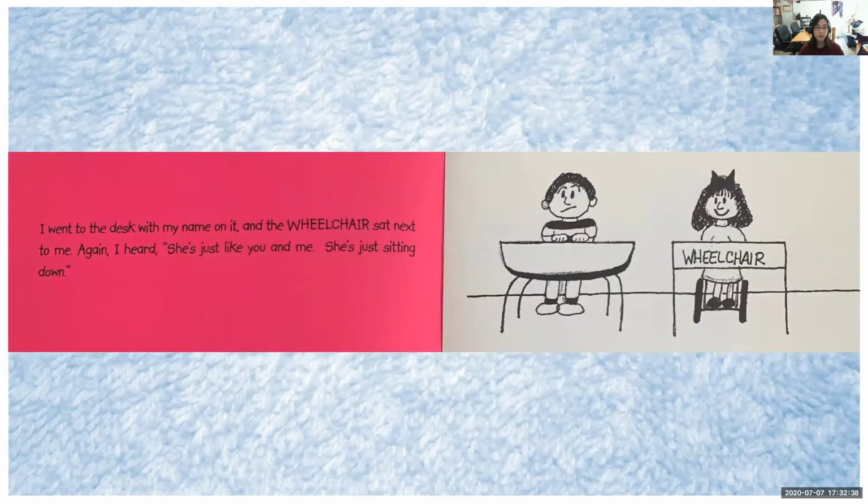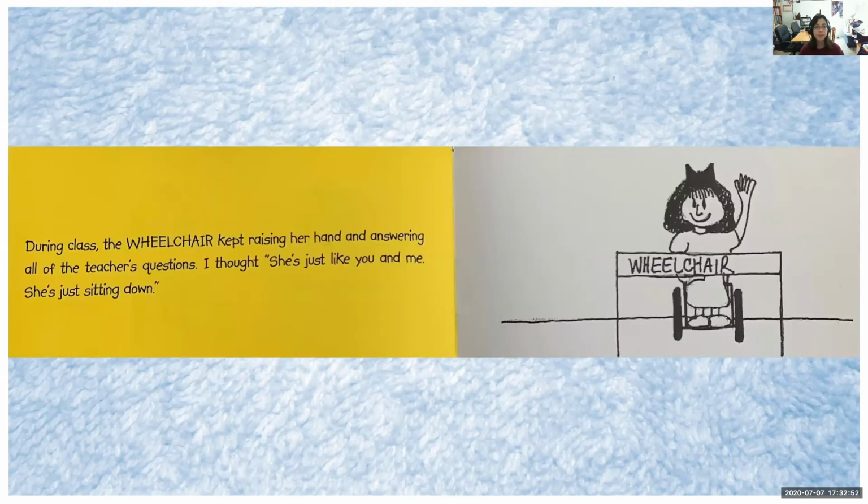I went to the desk with my name on it, and the wheelchair sat next to me. Again I heard, "She's just like you and me. She's just sitting down." During class, the wheelchair kept raising her hand and answering all of the teacher's questions.